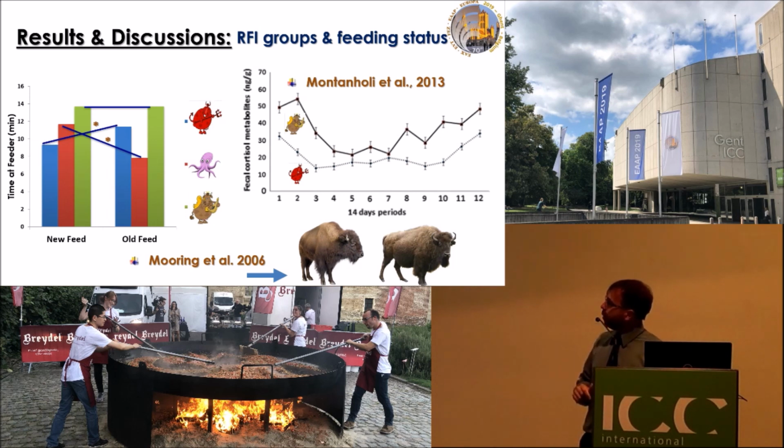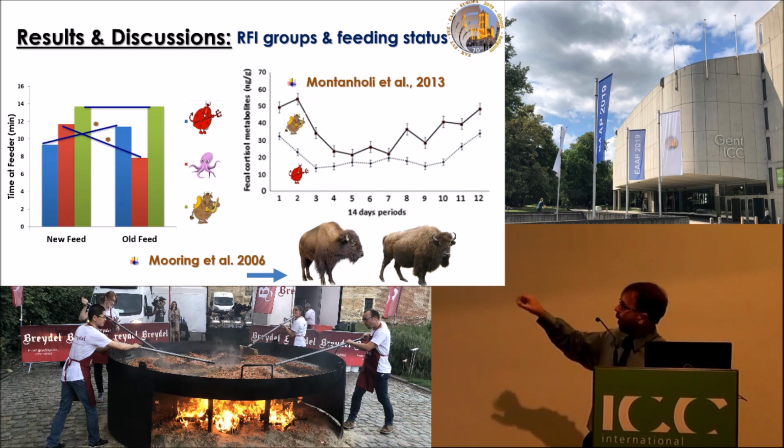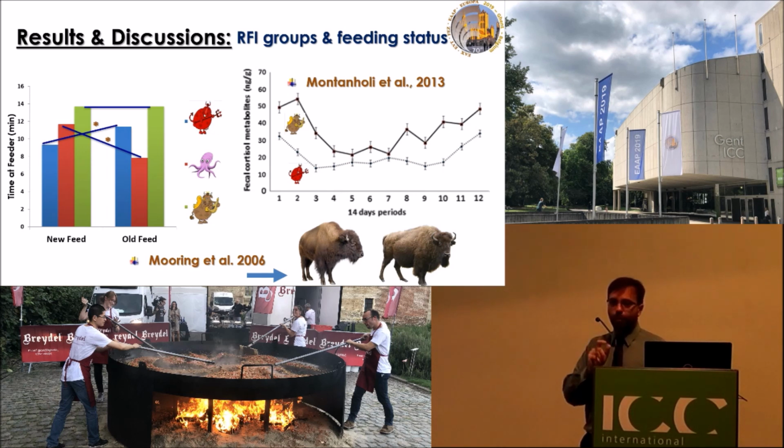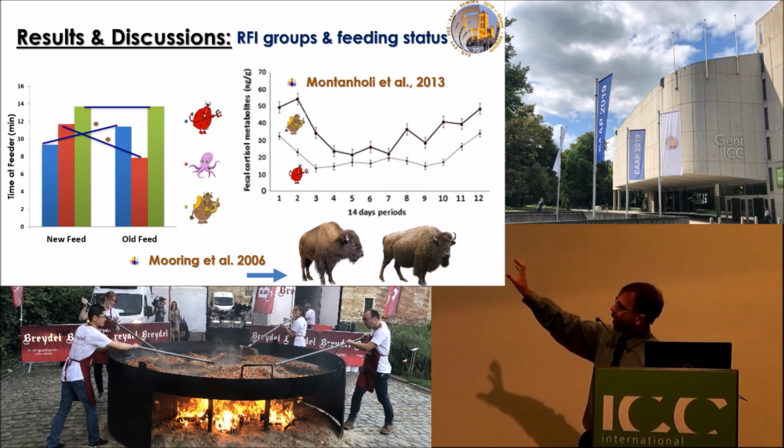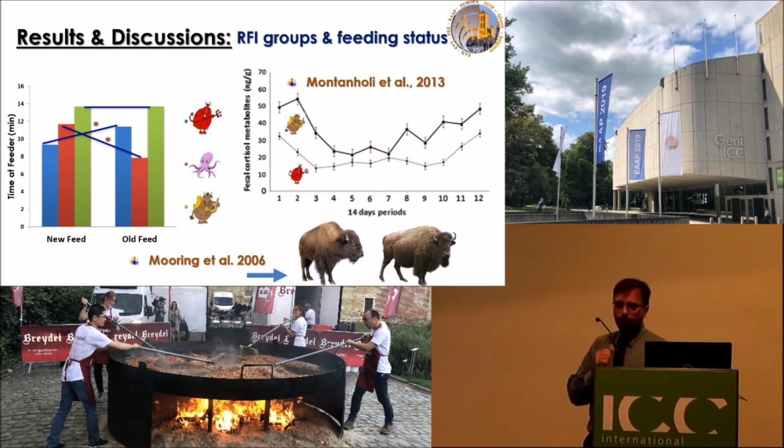And when I saw that, that really reminded me about a paper on bison, that they observed that bison that have more calves in a herd also have higher cortisol. So it means that to be in charge, to be in control of the females, they are stressed. So I think that something similar happened to my animals here: to be in charge of the feeder, you need some extra power, some extra control.